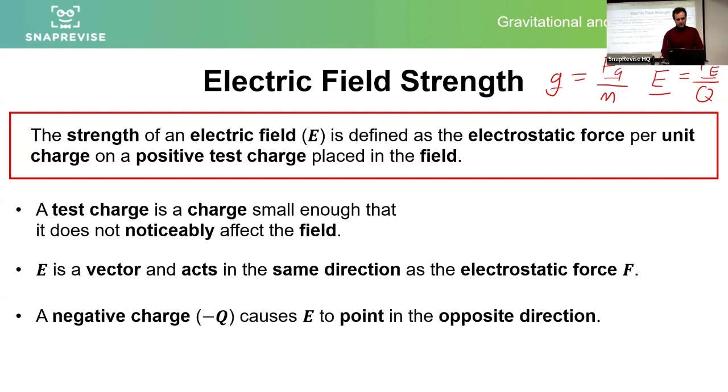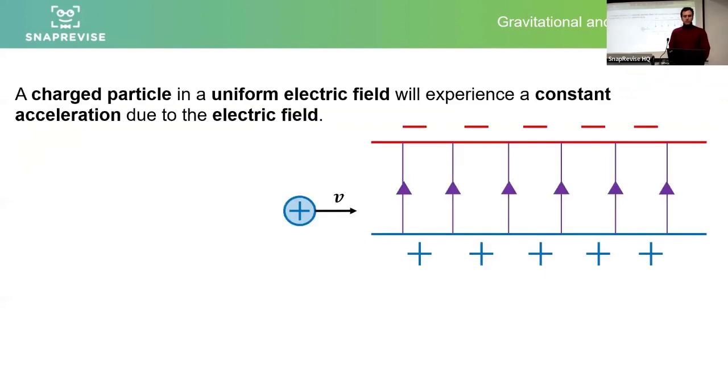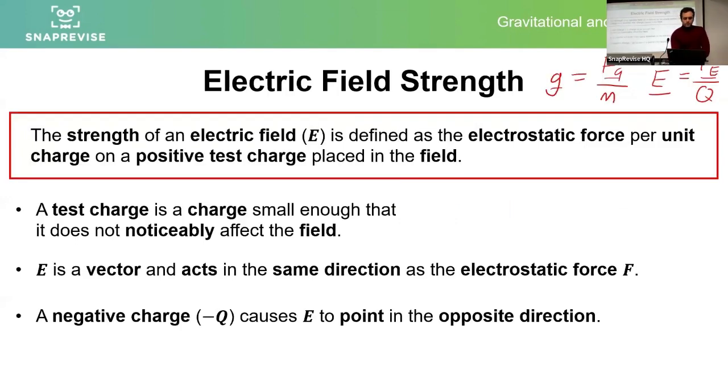We don't see any minus signs or anything like that. A negative charge causes E to point in the opposite direction. So the only case where the electric field will point in the opposite direction is if this quantity Q is negative. It will reverse the direction of the field. So the definition to remember from this page is E equals F over Q. Very important.